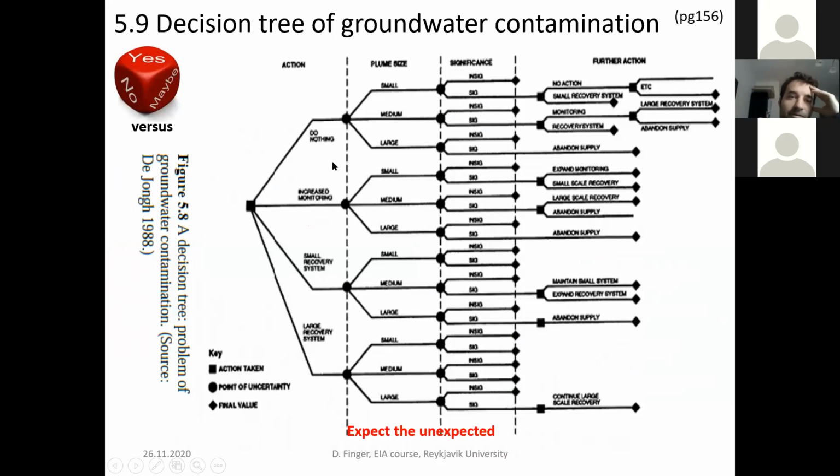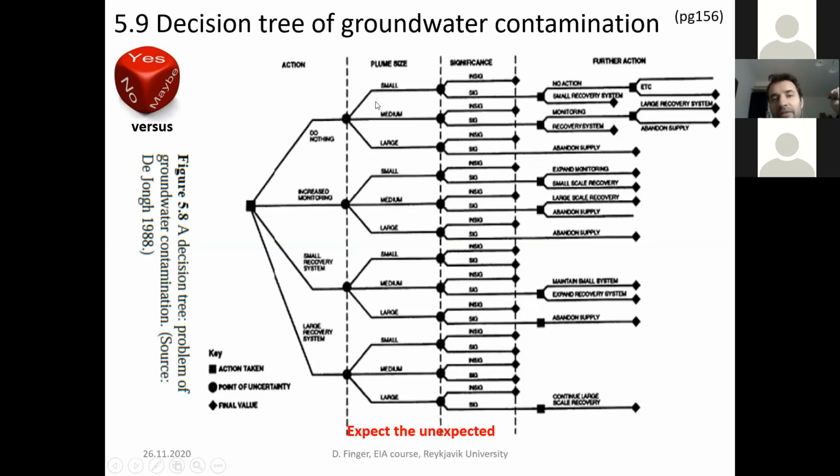At the end, what can also be very helpful is to create a decision tree. Here again, an example from a figure from the book, where you simply have a decision tree in case of problems of groundwater contamination. So this would be a mitigation measure in case of the unexpected.